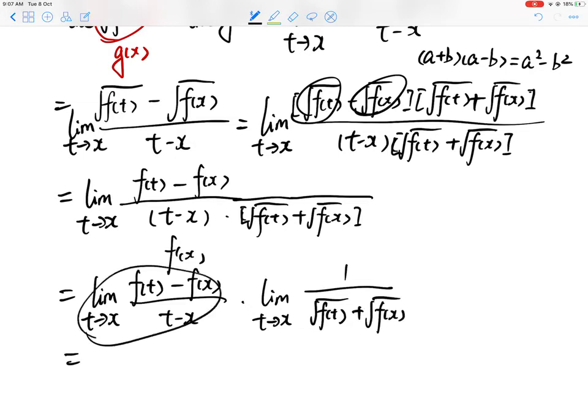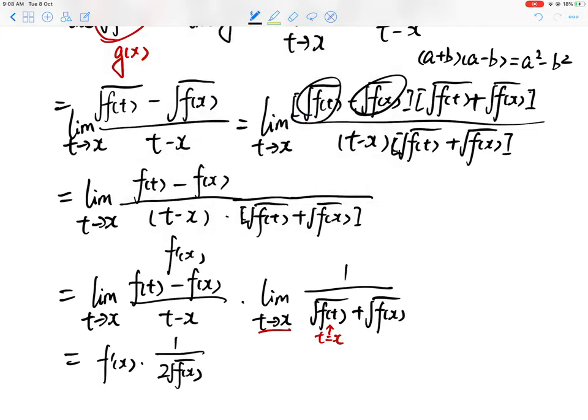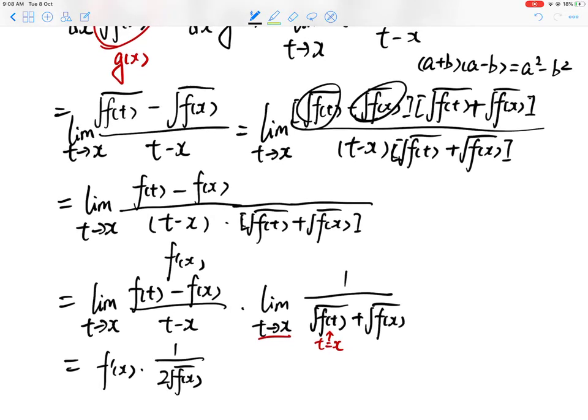This is f prime x, and for this part you just do the substitution t equals x. So this part is 1 over 2 square root of f(x). So this is the result, and you can check the result.